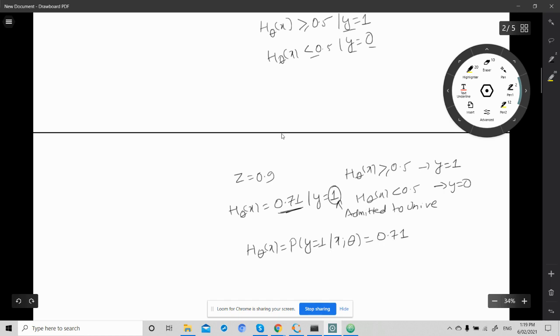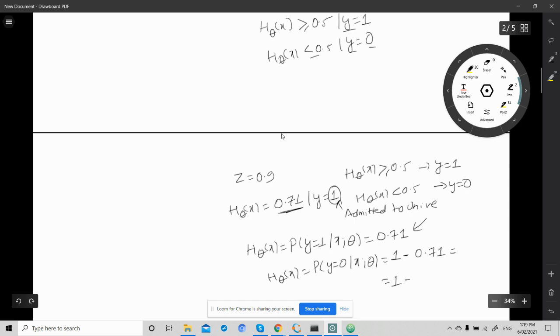So likewise, what would be the probability of not being admitted? So if h theta of x is the probability for y equals 1 given x parameterized by theta, we can say this is for admitted. For not admitted, we can simply say that it should be 1 minus 0.71.